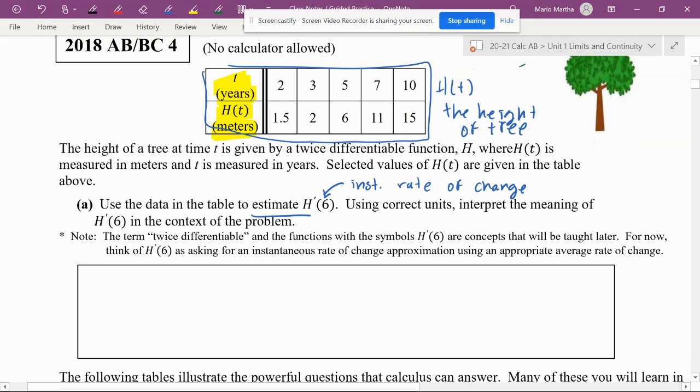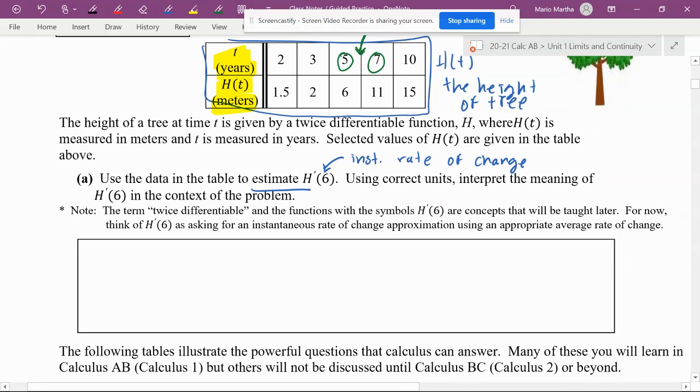So here, if you guys notice, we don't have a data point for 6. So we can just figure it out by finding what's h of 5 and then what's h of 7 and then approximate using those two values. So the instantaneous rate of change, h prime of 6, equals h of 7 minus h of 5, divided by 7 minus 5.